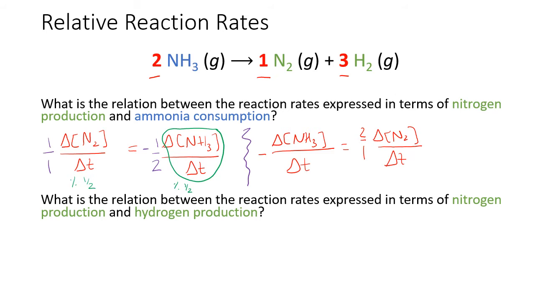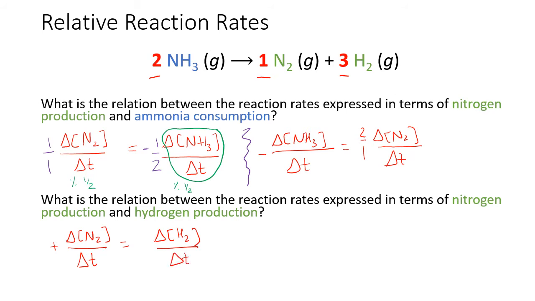Let's try the same thing, but with nitrogen production and hydrogen production. So now relating two rates of product formation to one another. Nitrogen will be change in the concentration of N2 per change in unit time. This will be positive because it's a product being formed. Will equal the change in the hydrogen production per change in unit time.